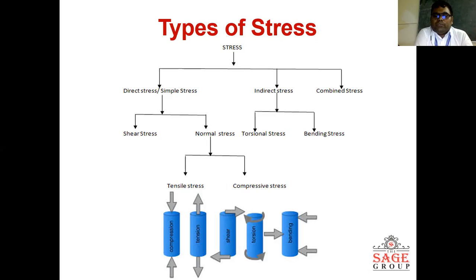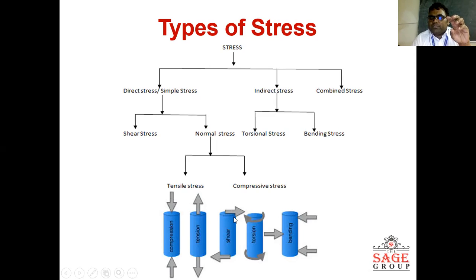So my dear students, normal stress is also subdivided into tensile or compressive stress. You can understand simply with this diagram: compressive stress develops when you apply a compressive load, tensile stress when you apply a tensile load on an object, and we already know that stress is the load applied on that particular material upon its cross sectional area.